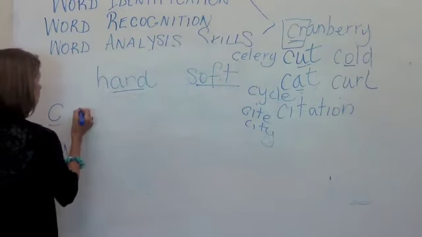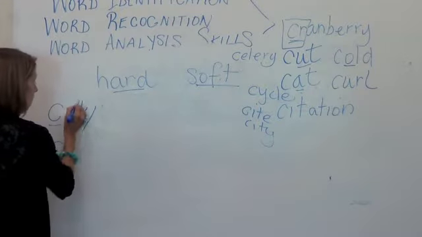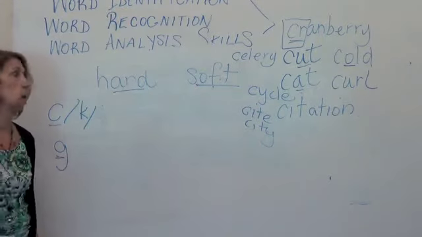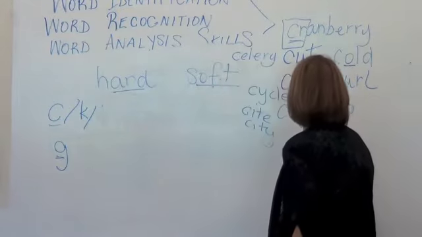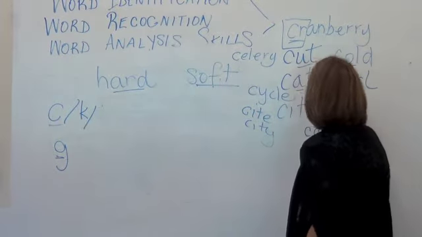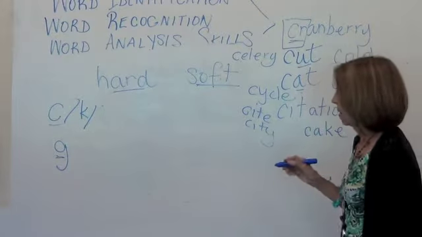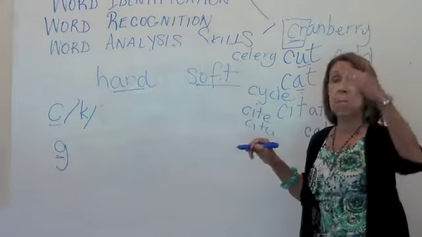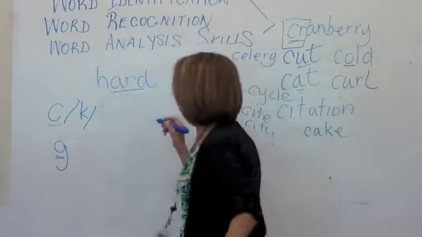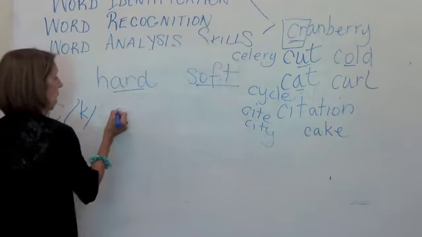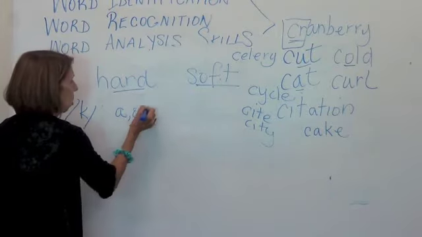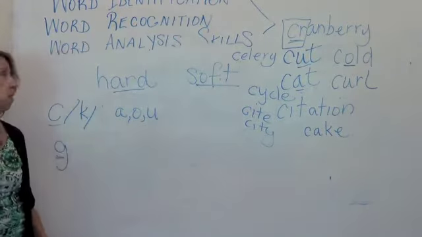So the hard sound of C is the K sound. Like cat, like cake, like curl, like cut. So C, most of the time, has a hard sound when it's followed by what vowels? A, O, or U, most of the time.